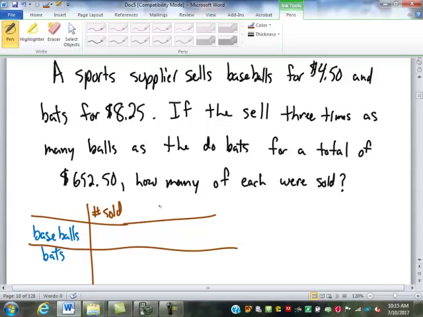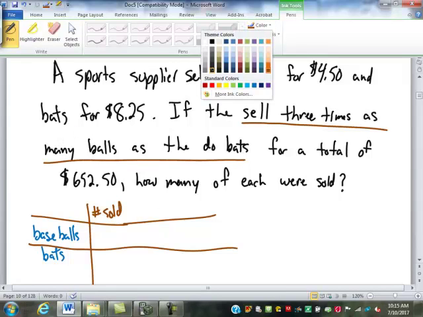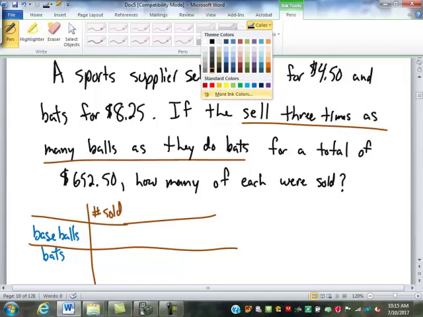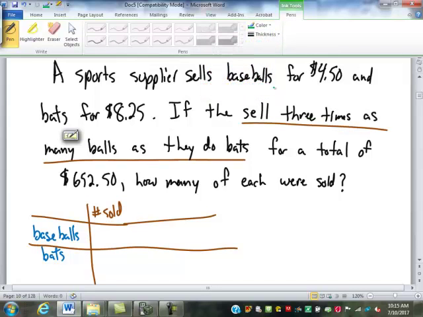I can't have X for baseballs and Y for bats. So looking up here, there's a relationship between the two given: 3 times as many balls as bats. So which one is going to be X? Which one sold less? The bats. The balls then would be 3X, 3 times X.